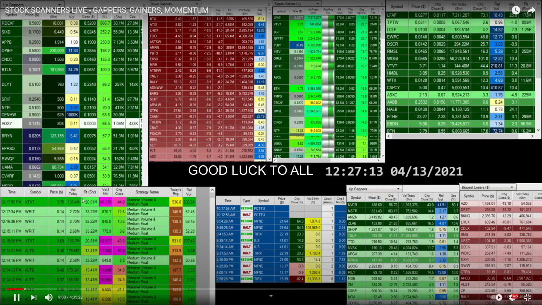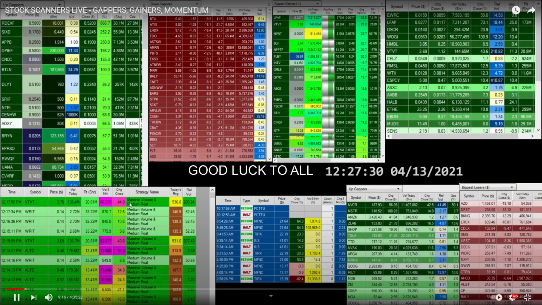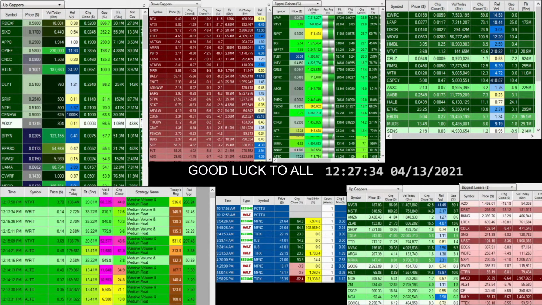And then the momentum one I assume would be the most difficult one. But this is a good one to pay attention to, because this is momentum as it's coming in during the day. So it will always keep updating with stocks that are breaking out, and you'll be able to tell, okay, is this low float? Are we getting a lot of volume? And plan your trades accordingly.